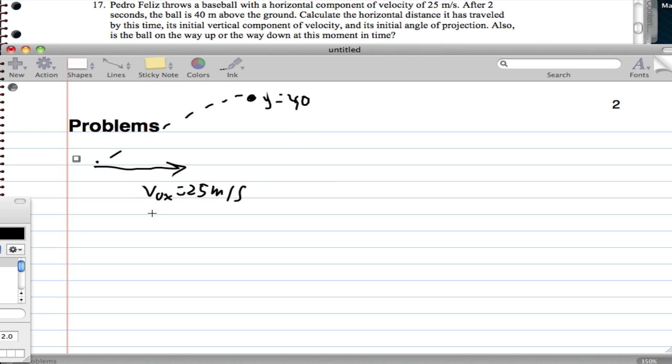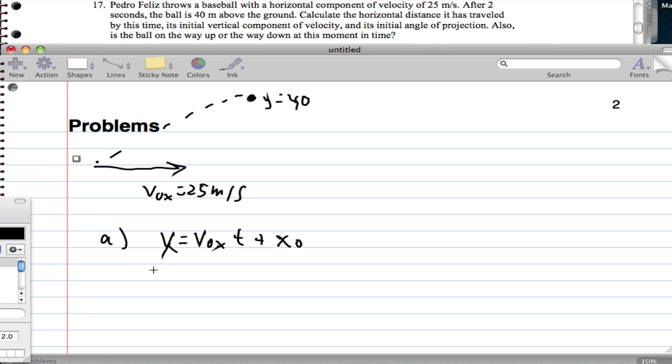And a couple of other things. So let's try to figure this out. We know that the ball is 40 meters above the ground after 2 seconds, and we have the horizontal component of the velocity of 25 meters per second. So first, the horizontal distance traveled is x equals v naught x t plus x naught.